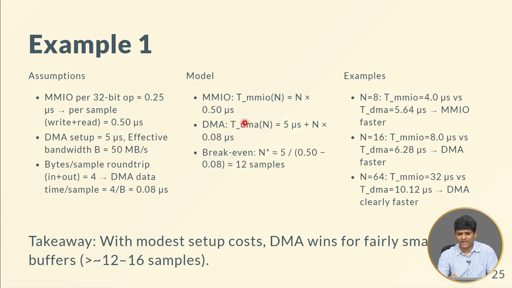In reality the DMA would also have the IRQ and the response and so on, but I am clubbing everything together in this 5 microseconds and saying that is part of the setup associated with DMA. What about n equal to 16? At this point you can already see that the time for MMIO is 8, the time for DMA is 6.3, so DMA has already become a little faster.